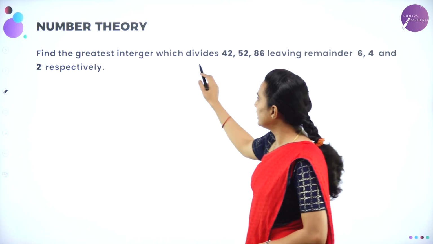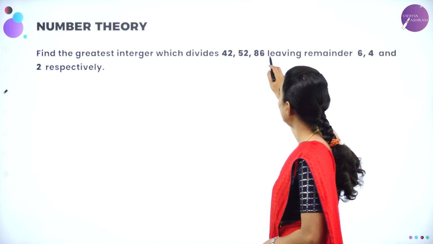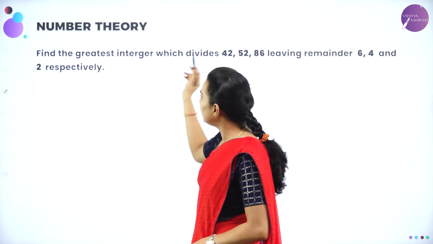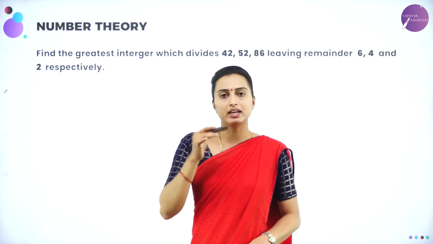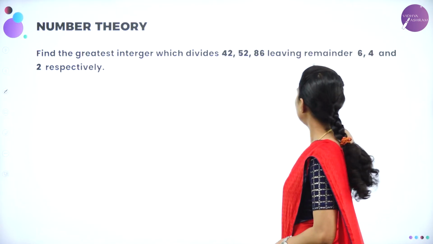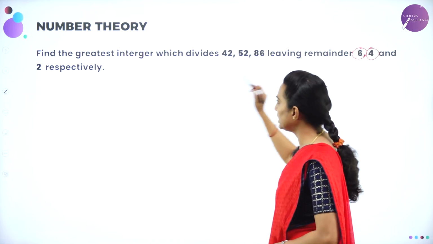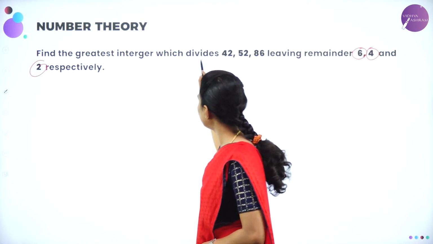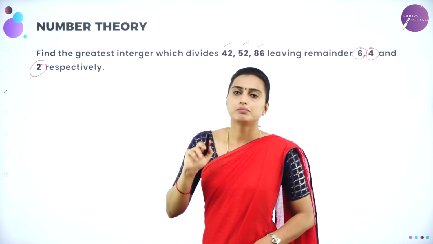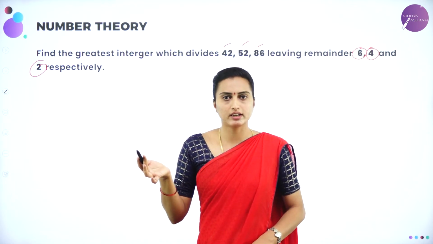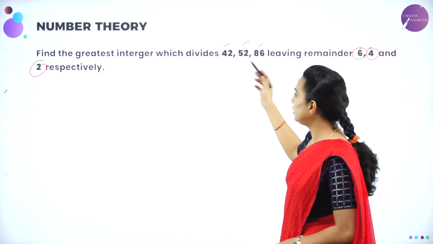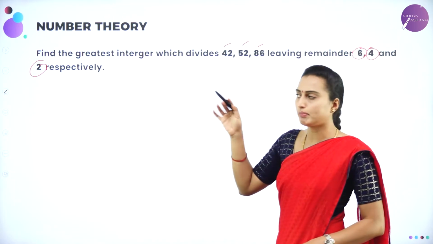Next we'll be moving on to: find the greatest integer which divides 42, 52 and 86, leaving the remainders 6, 4 and 2 respectively. Leaving the remainder means you are going to subtract the respective remainders from the given values. That means 42 minus 6, and then 52 minus 4, 86 minus 2.